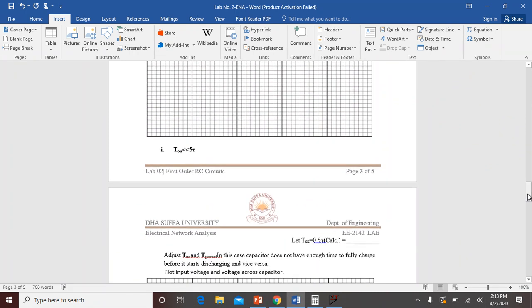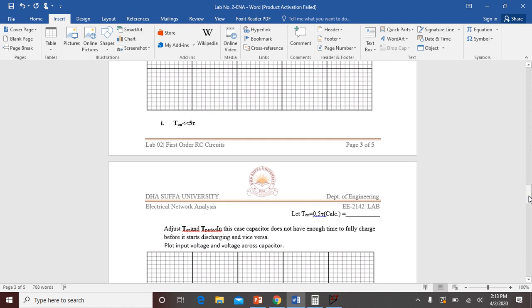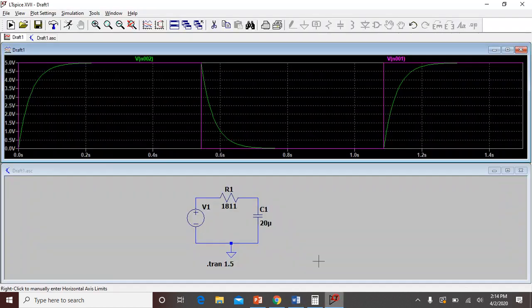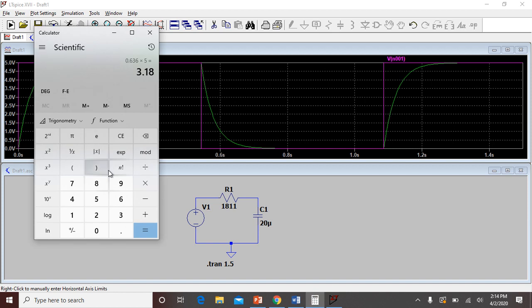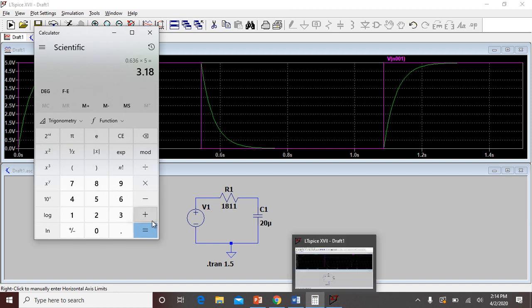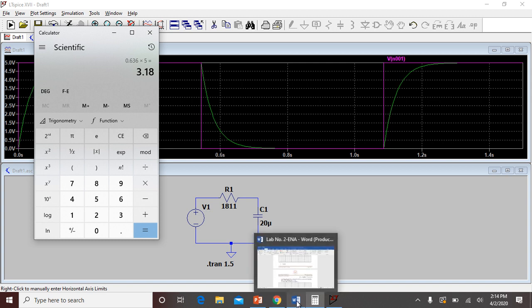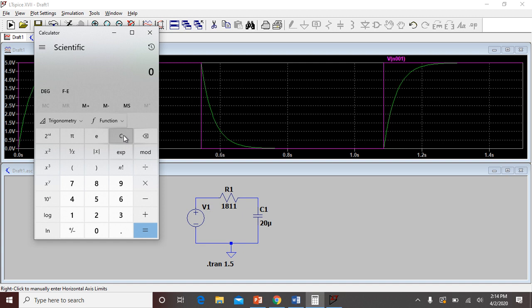Now I'm going to do the step where T on is very much less than 5 tau. They have given us that we have to select the lesser value as 0.5 tau. The value of tau was 0.0362, multiplied by 0.5.